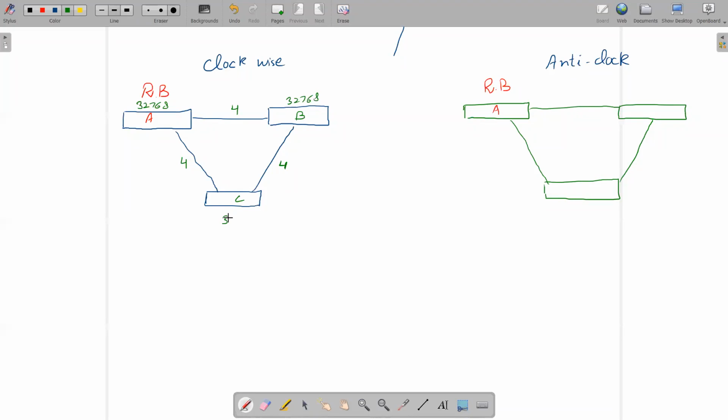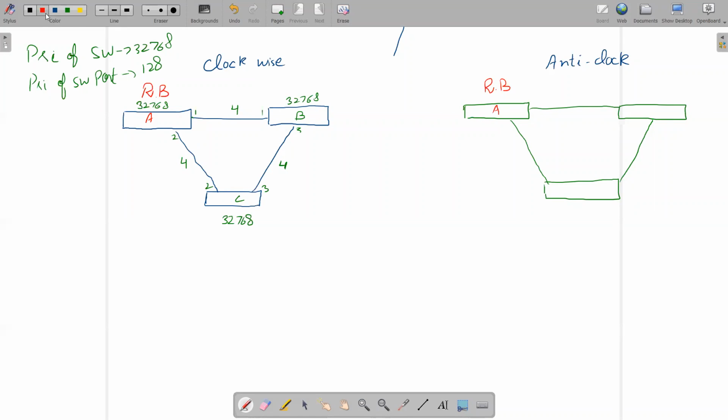And also, you know the port numbers, port number 1 with 1, 2 with 2, and 3 with 3. And every port has the same priority. So what are the constant values? Priority of switch is constant, which is 32,768. And the priority of switch ports is constant for every switch, that is 128. And the rest of the things are different.